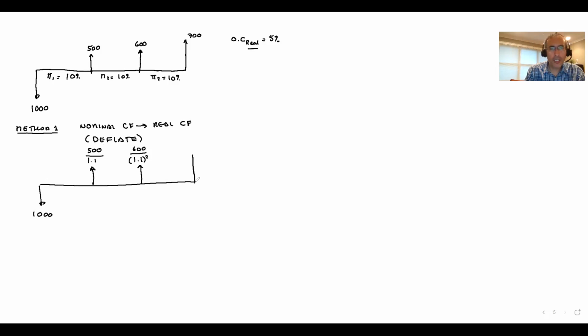And then finally for this one, I need to remove the effect of inflation that in this case is constant across the board, by 1.1 cubed. So if you compute these numbers here, this one is going to be 454.54.